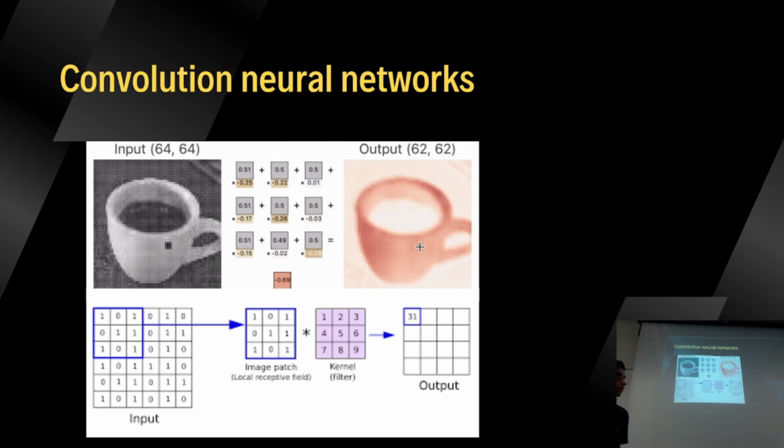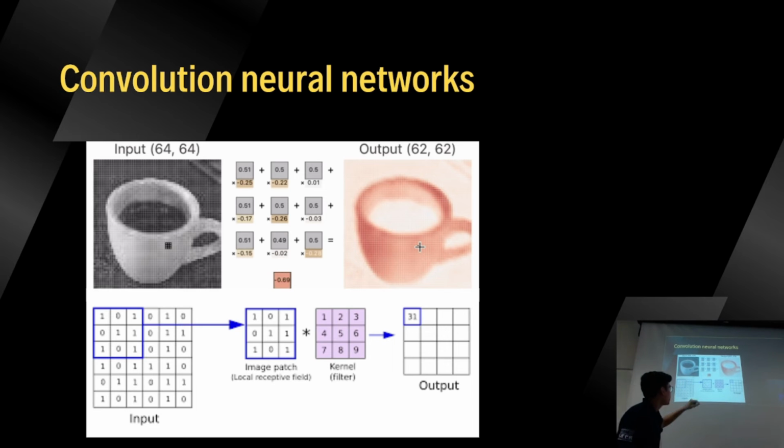Now a little bit about convolutional neural networks. This is another mechanism, more used in images. First of all, we need to understand what a convolution actually is. Here I have an image of 64 by 64 pixels, and I have this kernel here.